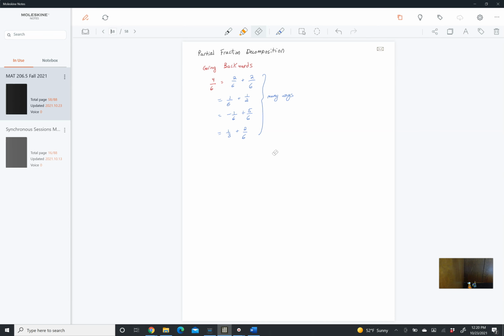Because in algebra, there's only one way. And that makes this so much simpler, okay? So in rational algebraic expressions, there is only one way to get to our answer.